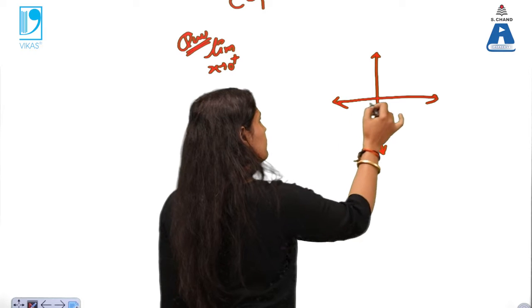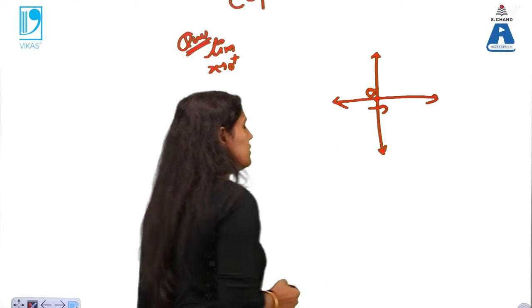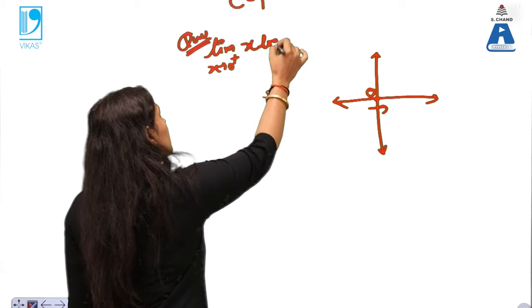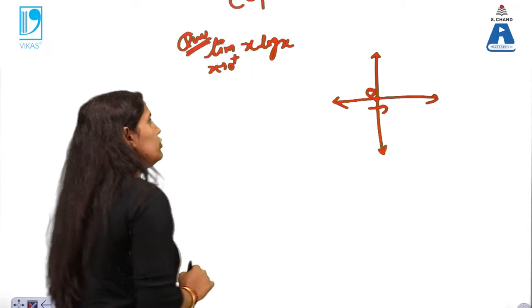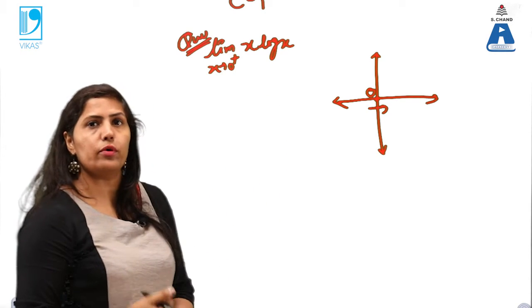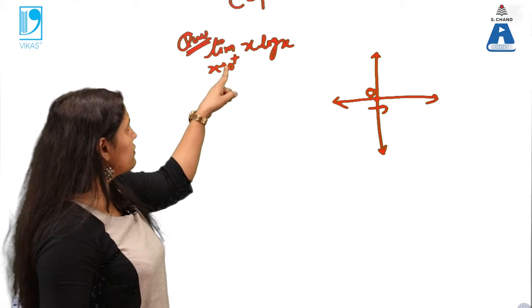And in this question, why particularly 0 plus? There is a reason: the function is x log x. If you know the function concept very well, you should know that log is defined for positive values of x. That is why I am taking the limit x tending to 0 plus.